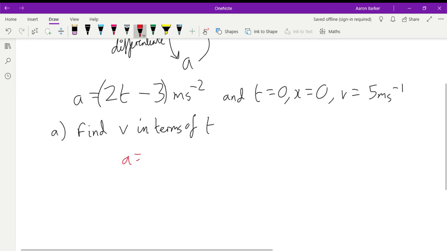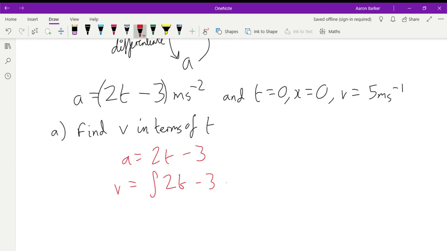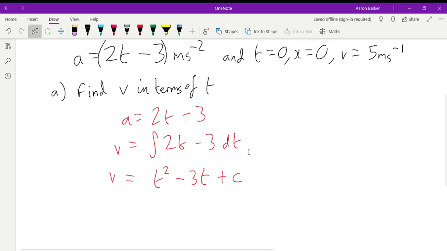So if my acceleration is 2t minus 3, my velocity will be the integral of 2t minus 3 dt, which would be t squared minus 3t plus a constant. Now, as I said, to find out what the constant is, we need to use the fact that when t equals 0, velocity equals 5 meters per second.